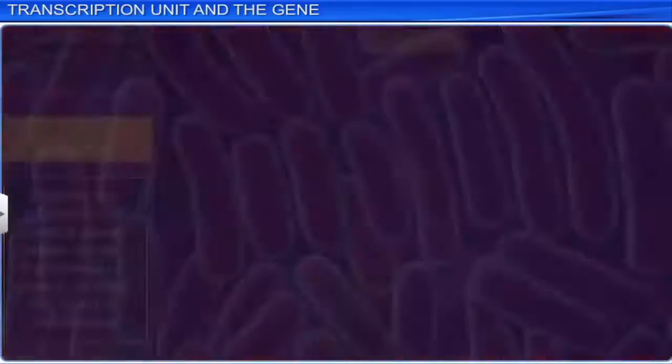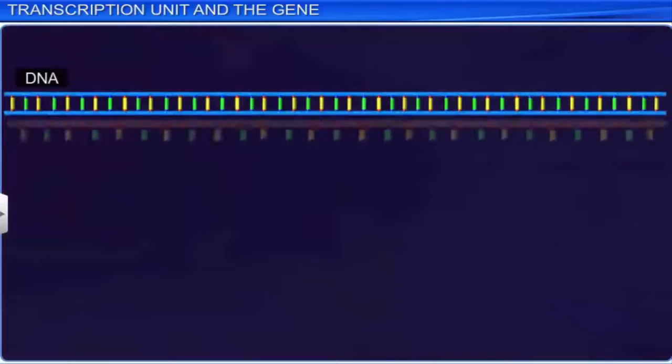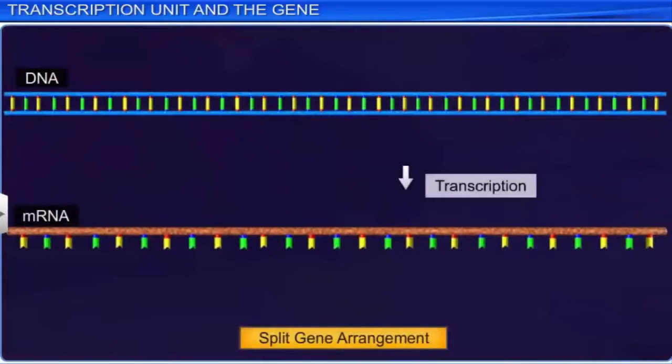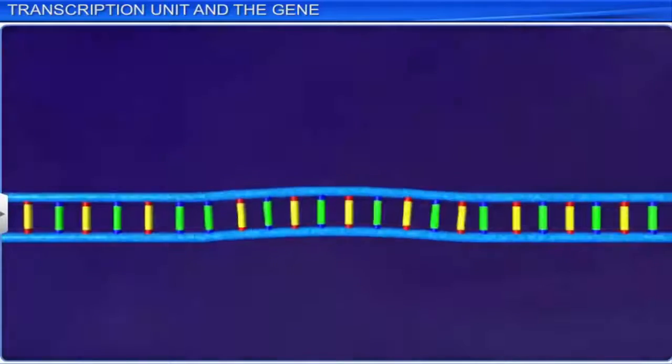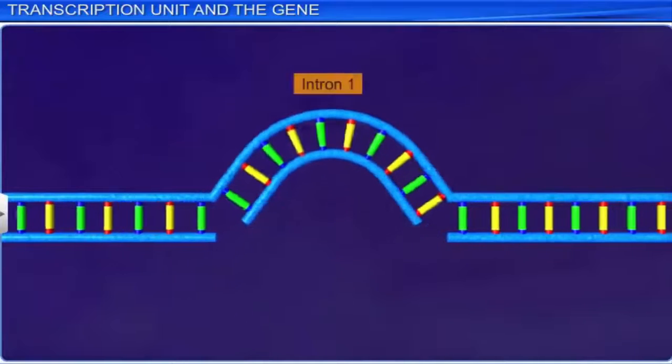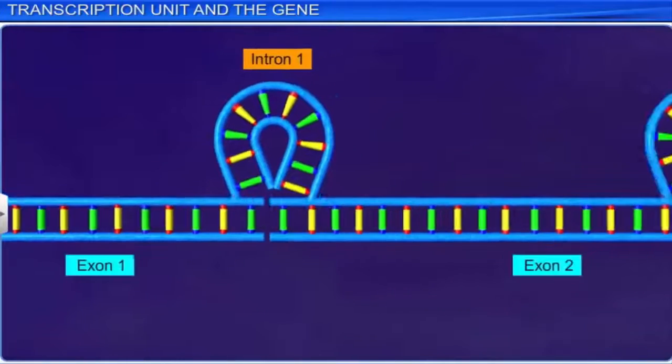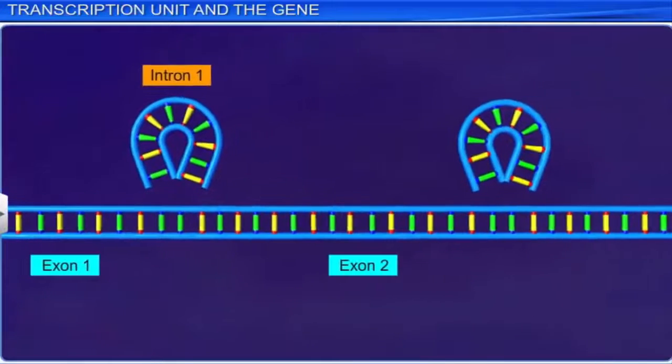The monocistronic structural gene has a split gene arrangement, where sequences called introns and exons are present. However, in this gene arrangement, only the exons act as coding sequences. The process of transcription helps remove introns and joins exons as functional messenger RNA.